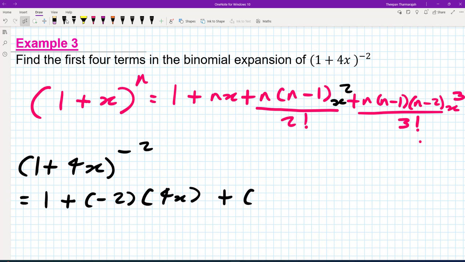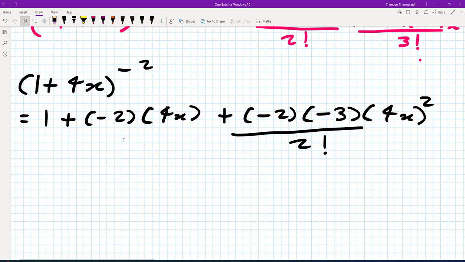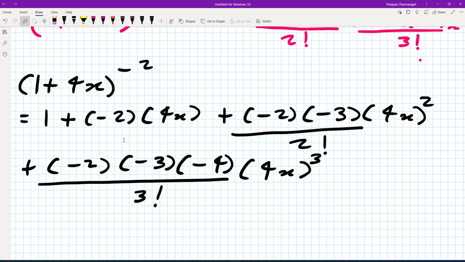And then we've got minus 2, then minus 3, times 4x all squared, divided by 2 factorial. I'm just going to write the third term a bit further down. So then that's followed by minus 2, minus 3, minus 4 over 3 factorial, times 4x all cubed, plus other subsequent terms.